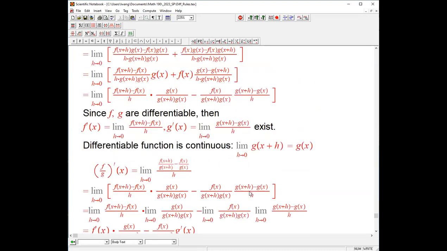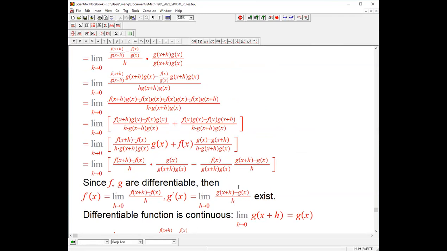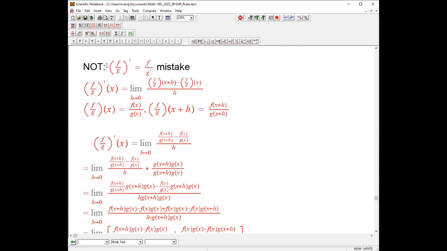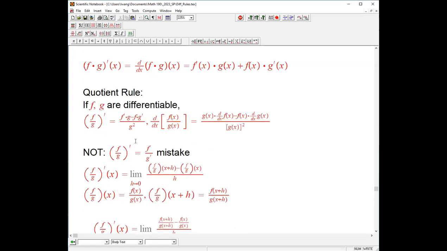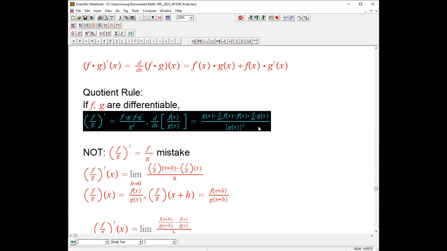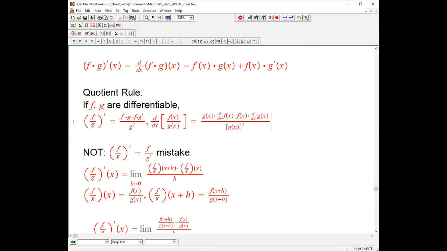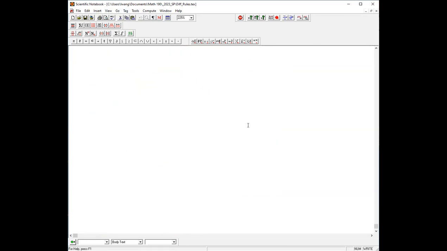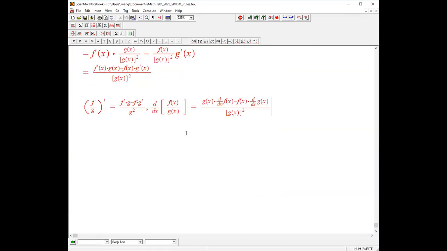Okay, so if you've done the proof, right, you don't have to, I'm not going to test you on the proof, but if you've seen the proof, then you will not make this mistake. Please don't make this mistake. Okay, so now let's look at the quotient rule. It's been proved. Here we go.